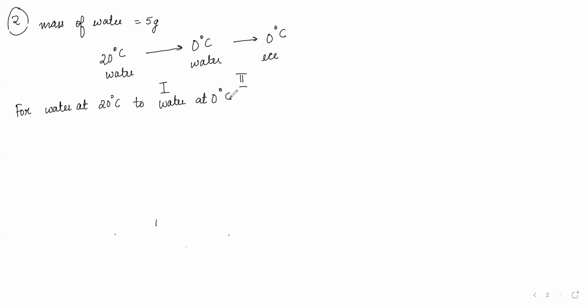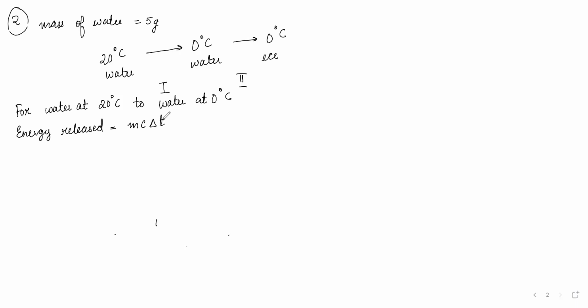Energy will be released. Why released? Because the temperature is going down. This will be equal to mc into delta T. Now the question is, what is the value of C? It's given as 4.2 joule per gram per Kelvin. So here everything is in grams.